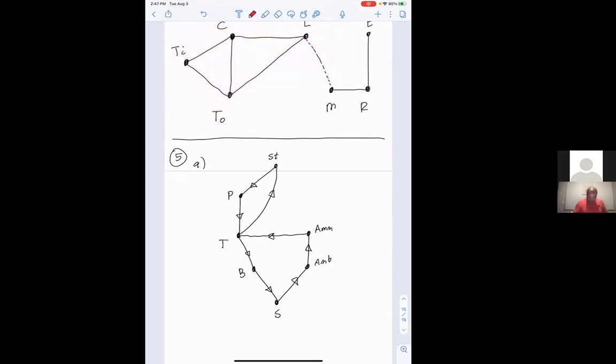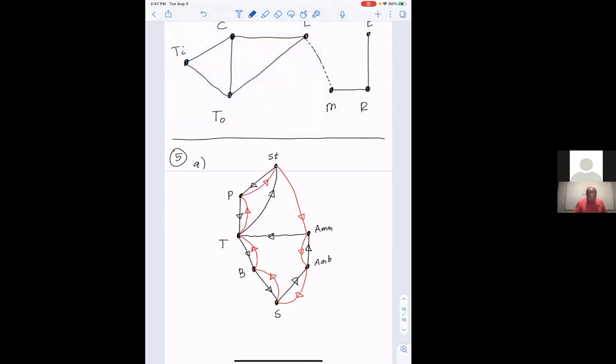Next one, Starnberg goes to Ammerland, which goes to Ambach, which goes to, no, that's horrible, try it again. Seeshopt, which goes to Bernried, which goes to Tutzing, which goes to Polsenhofen, which goes to Starnberg.